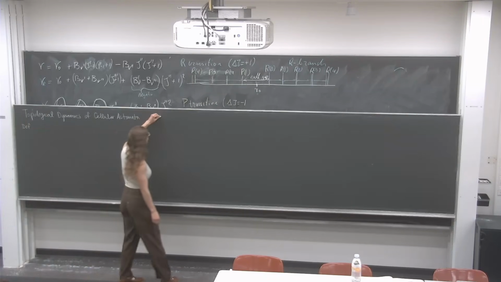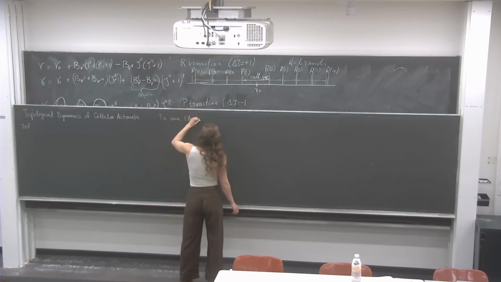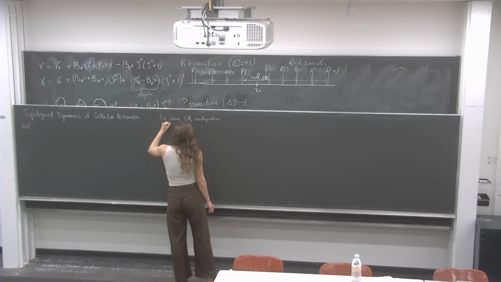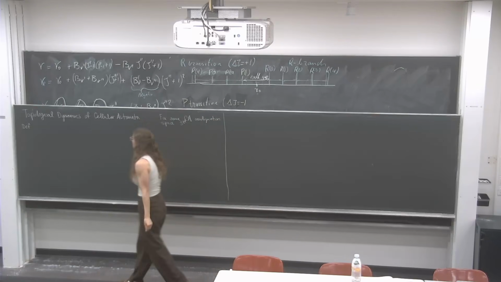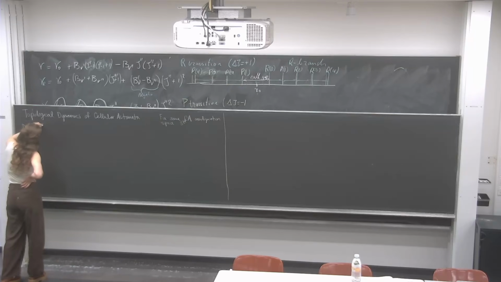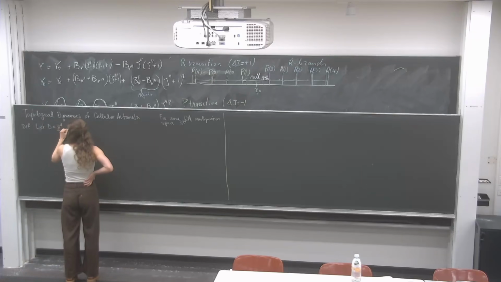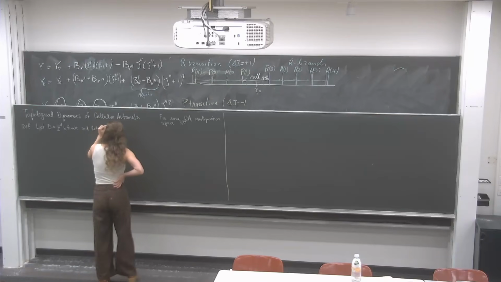So let's fix some CA configuration space S to the Z to the D. Let D be a finite subset of Z to the D, and let C be some configuration.